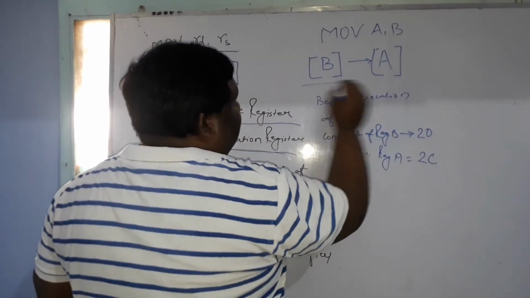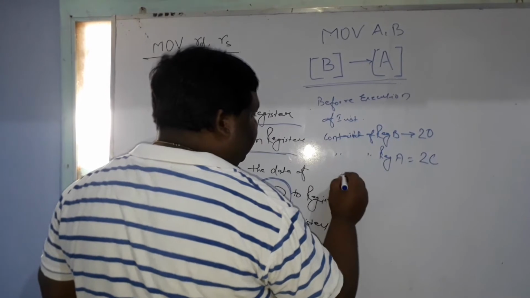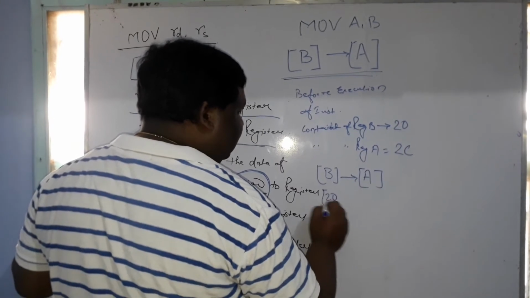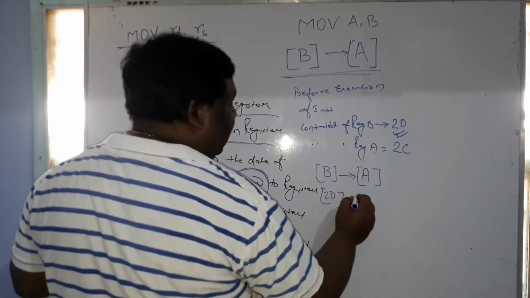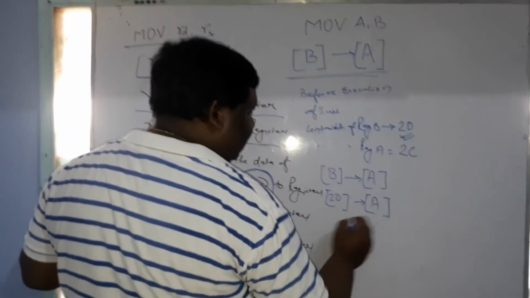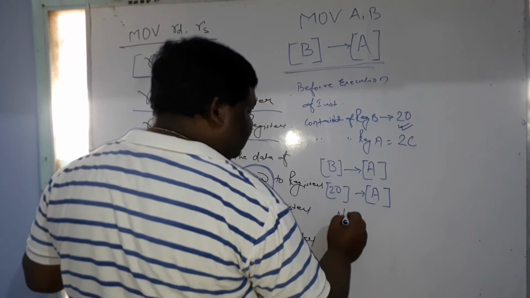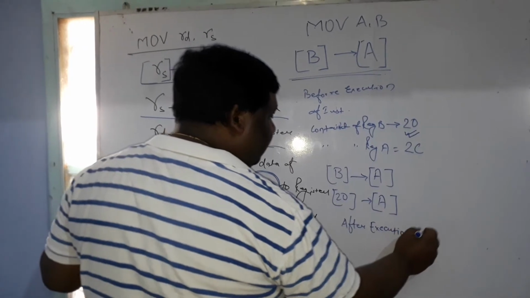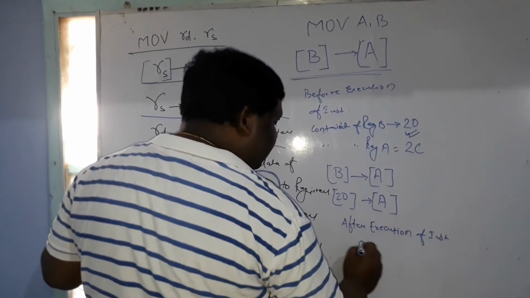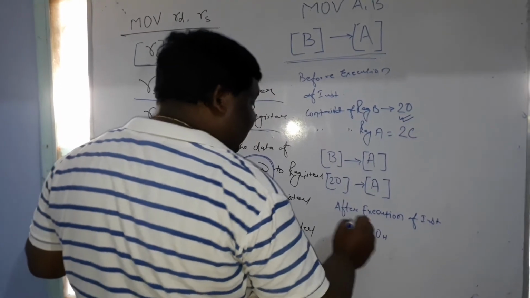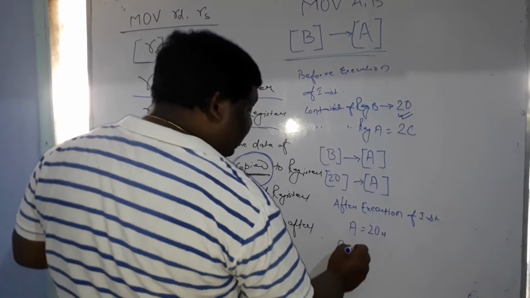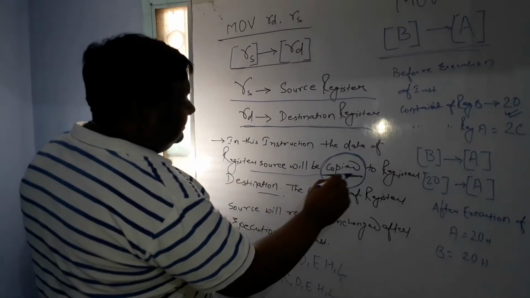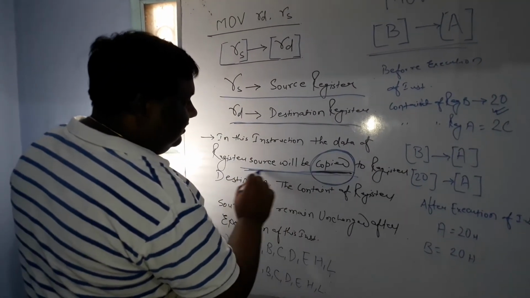Here, according to the instruction, the data of B has to be transferred to register A. That is, this 20, which is the content of register B, has to be transferred to A. After execution of this instruction, A equals 20H, and also B equals 20H, because in this instruction the data gets copied, that is, the register source data gets copied.